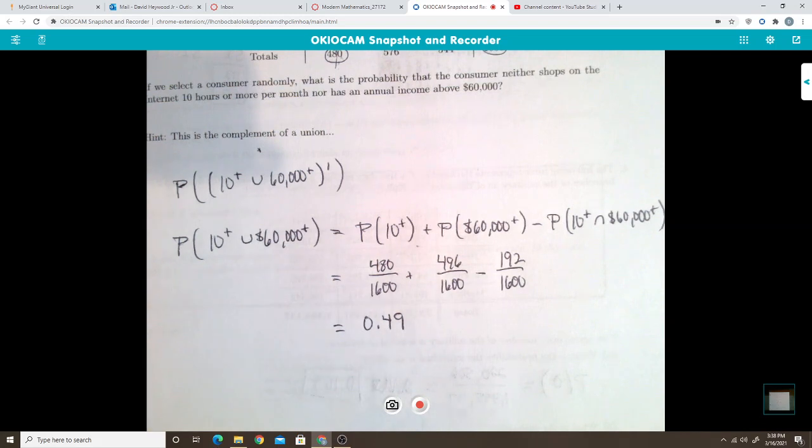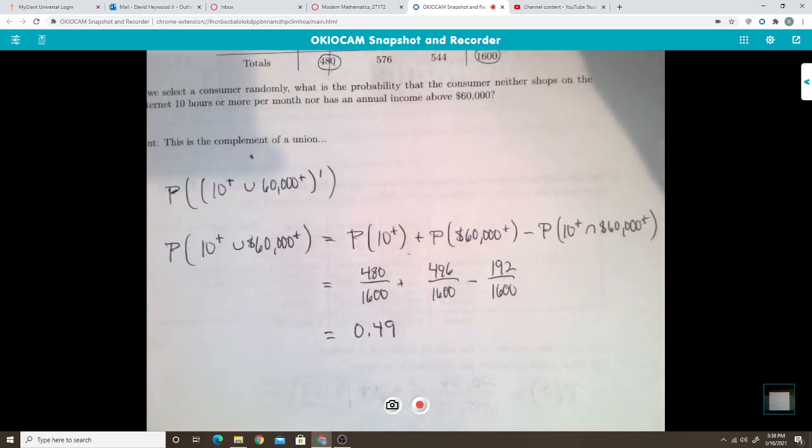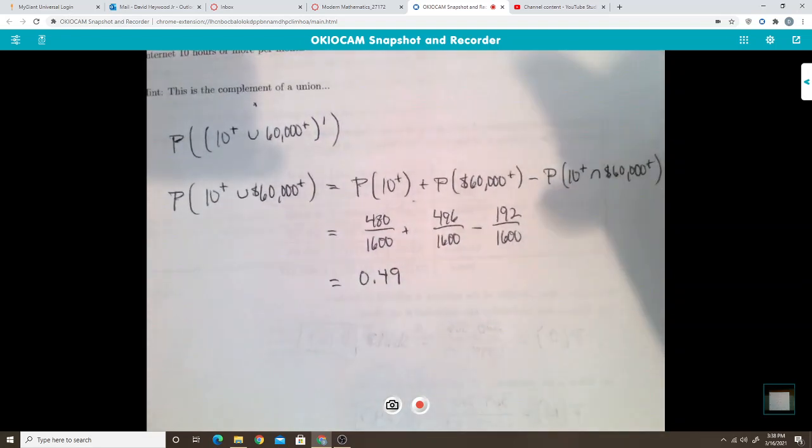So we would say 49% of people either spent more than 10 hours shopping on the internet or made more than $60,000 per year. So now, if we want the probability that a randomly selected person didn't shop more than 10 hours on the internet nor made more than $60,000 per year, we would use the complement rule, right?